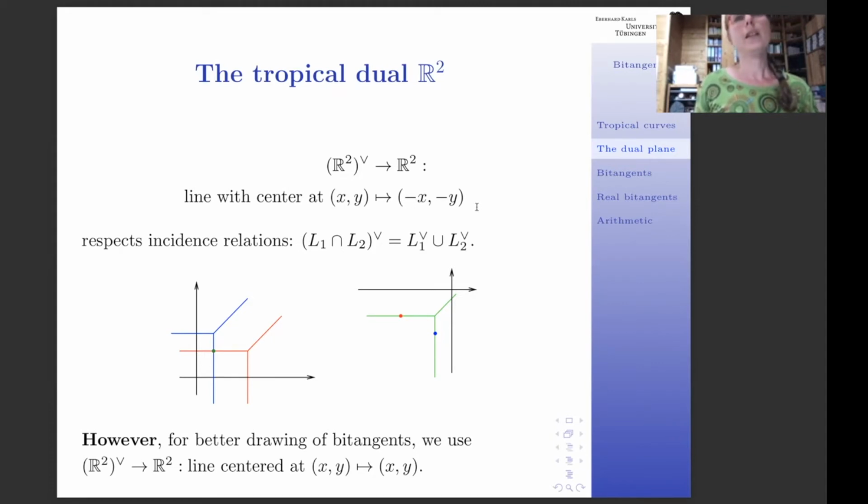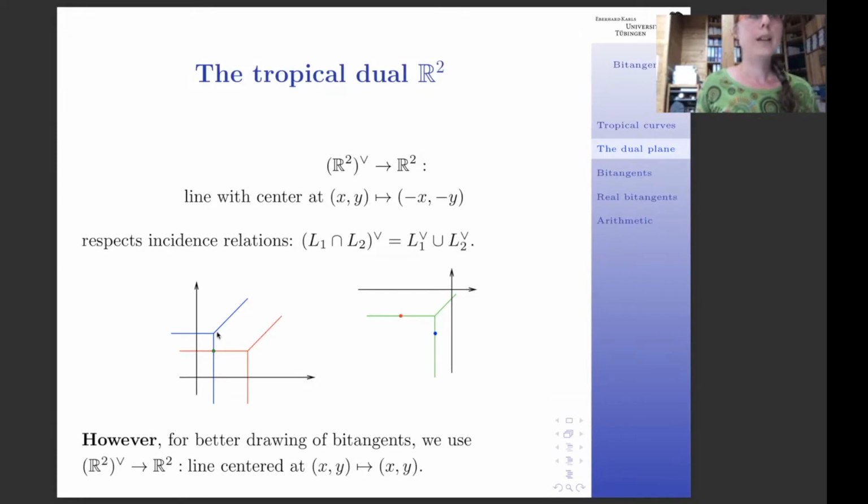Why is it nice to use this minus sign? Because then, for example, incidence relations are respected. Let's look at this picture. So this red line here, that in the dual plane should correspond to a point. Now the vertex of this line could be at something like, let's say, 3, 2. And then the corresponding point in the dual tropical plane would be -3, -2, which is this red point here.